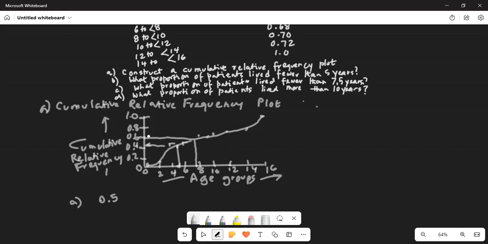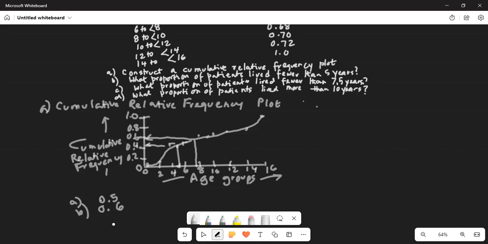Okay. So part B, which says less than 7.5 years. So I located 7.5 on the horizontal axis and then went to the vertical axis and read off the proportion. And it is 0.6.